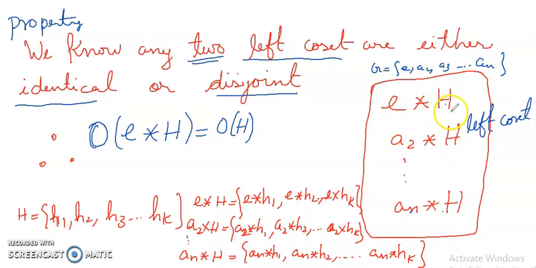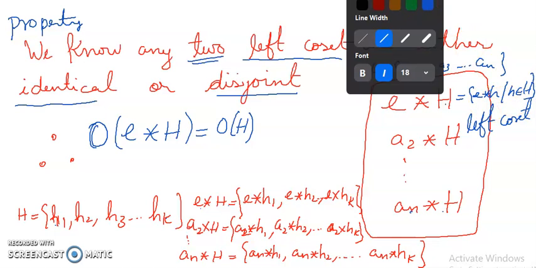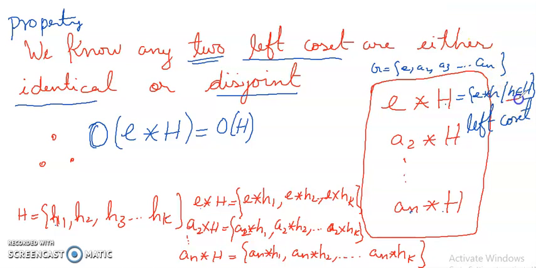Now, what is E star H? Suppose I consider H as H1, H2, H3, etc., Hk. Then what is E star H? We know E star H is the set of all E star small h, where small h belongs to capital H. Capital H has H1, H2, H3, etc., Hk.